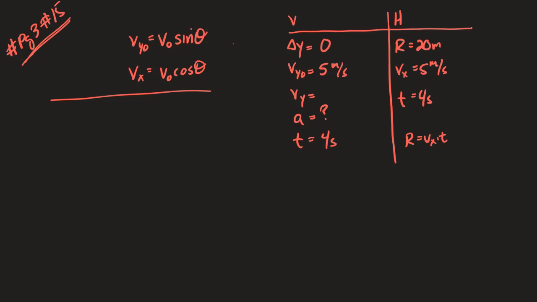Because it says what are the initial velocities, next says what's the acceleration due to gravity. So I'm going to use a relationship that uses everything except for final velocity. That'll be delta y equals 1/2 a t squared plus Vy naught times t. That'll be 0 equals 1/2 a times 4 squared plus 5 times 4.